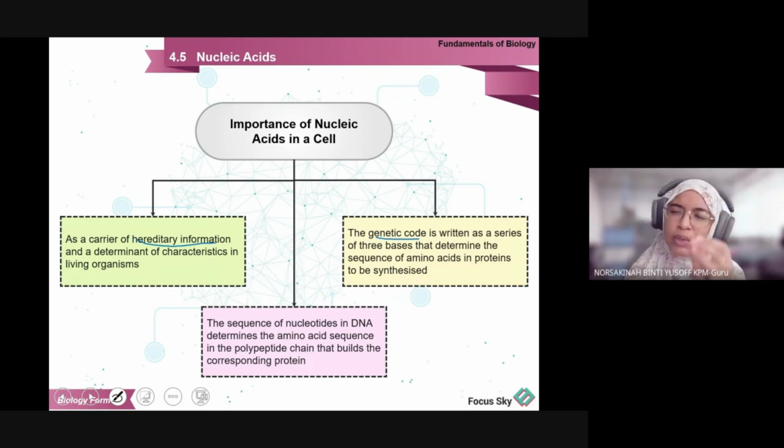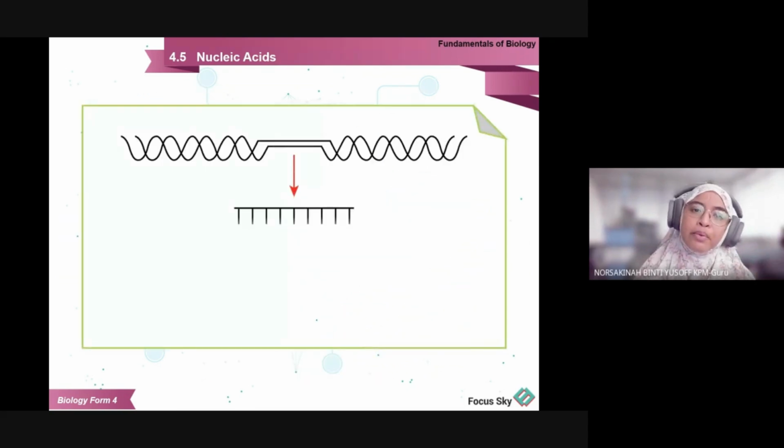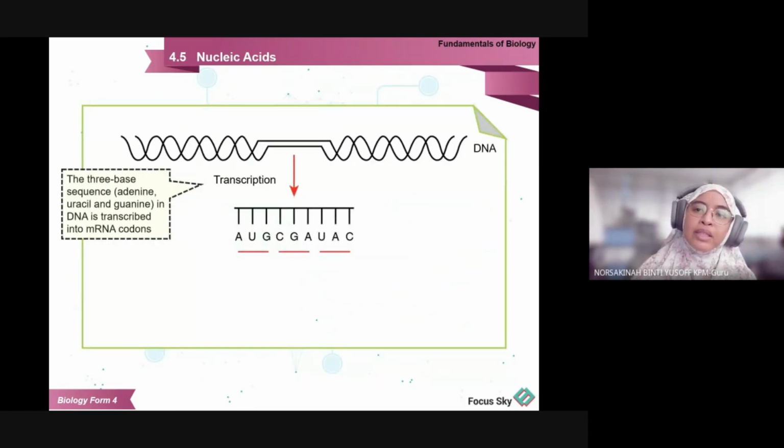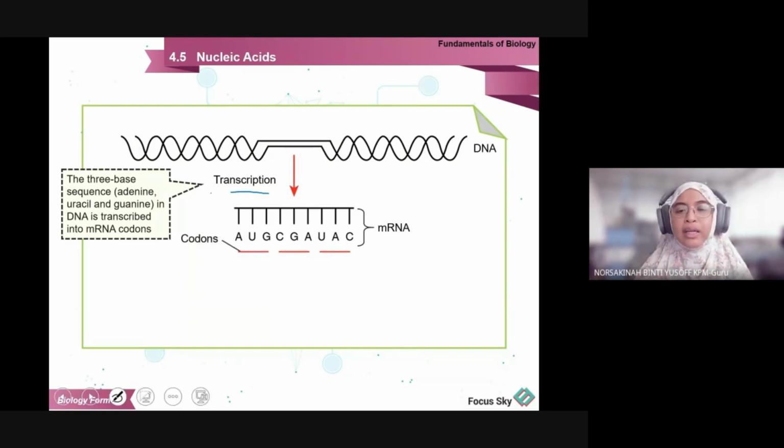That coding will determine what the cell will do. If we want to make a certain protein, this is the coding. The sequence of nucleotides determines the amino acid sequence and it will build the protein. So this is DNA, and you transcribe. If you go to the doctor and say, doctor, I am sick, they will transcribe a letter for you.